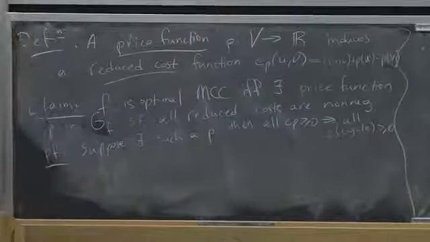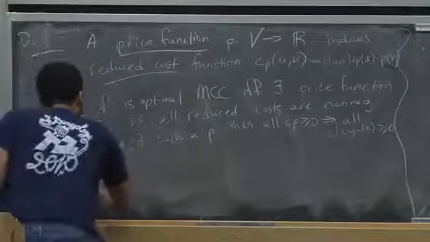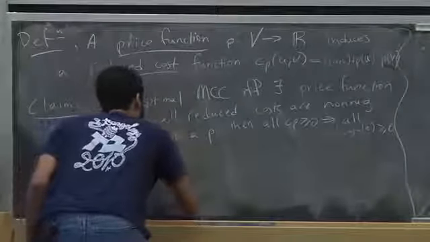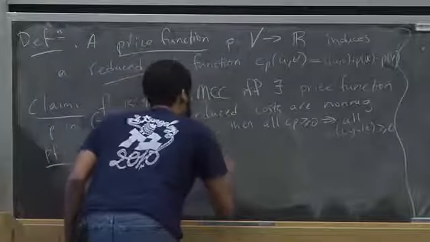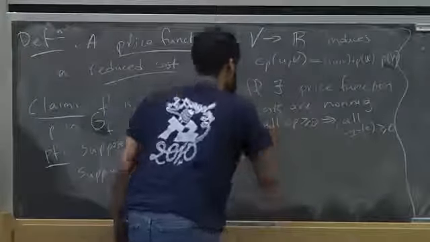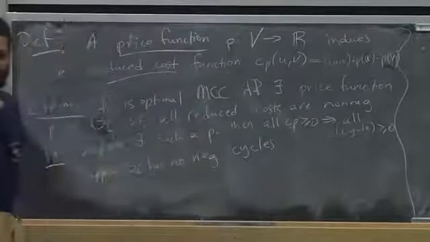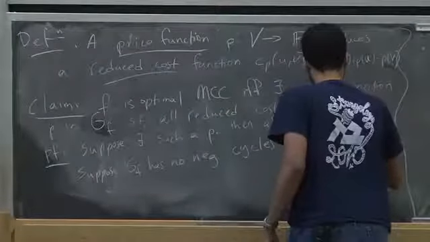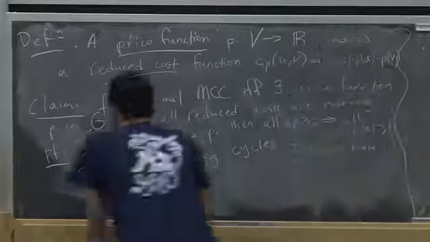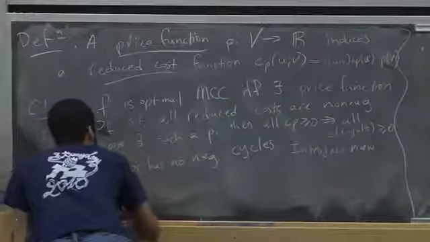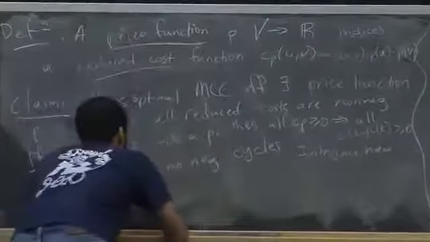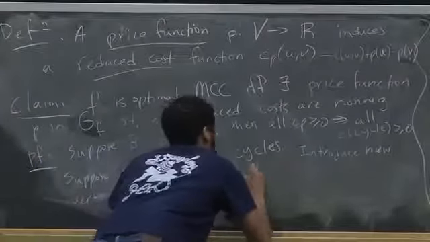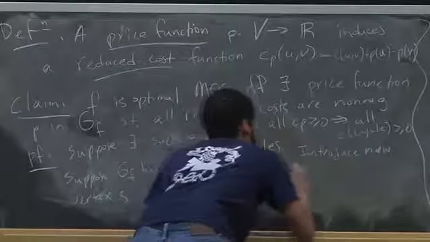How about the other direction? Suppose GF has no negative cycles. So I'll just tell you what you would do here. Introduce a new vertex S with zero cost edges to everyone.